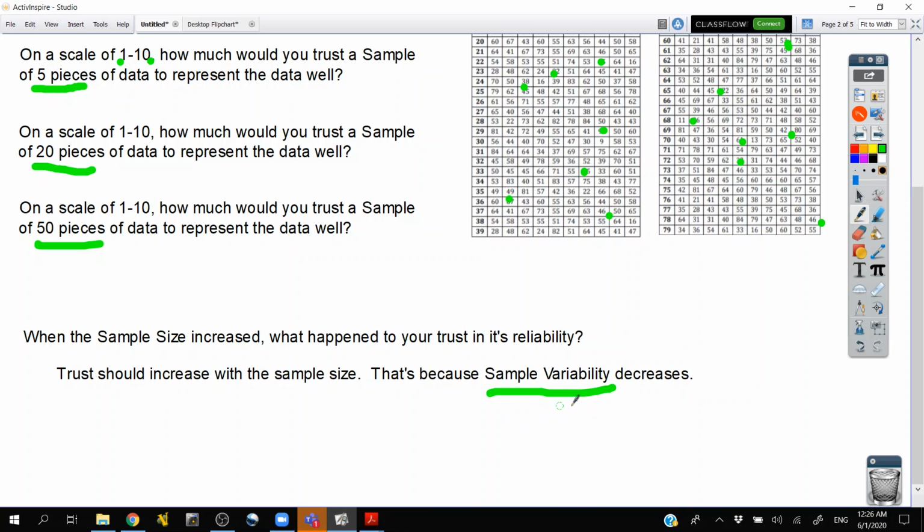Well, that means there's a lot of variation. I could choose the low data values or the high data values. But if I choose 50 pieces of data, most likely I'm going to get both low and high data values. So there's less variability, like everything trends towards the middle. So sample variability is the idea.